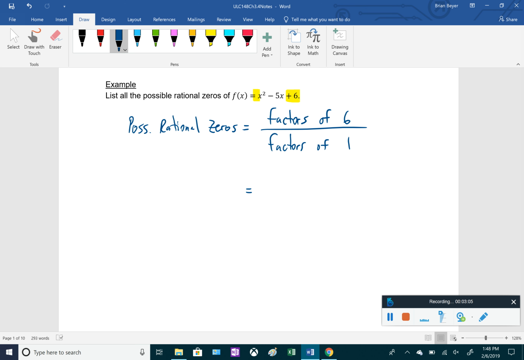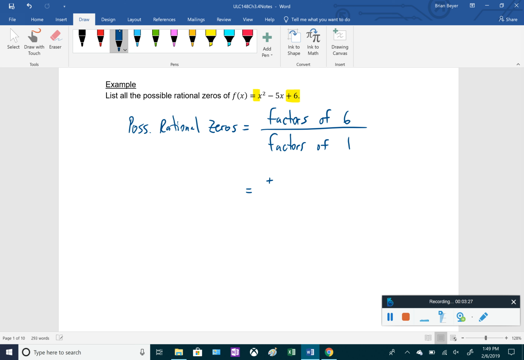So now we have to think, what are the factors of 6? Factors are things that multiply to that. So factors of 6 are going to be 1 times 6, 2 times 3. So the factors of 6 are 1, 2, 3, and 6. There are also going to be negatives of that. So we can have negative 1 times negative 6 and negative 2 times negative 3. Those are also going to be factors.